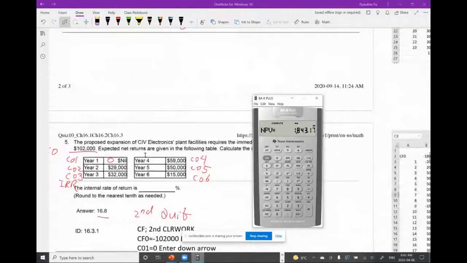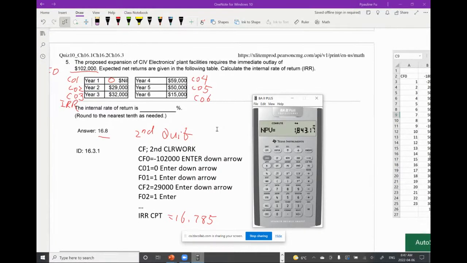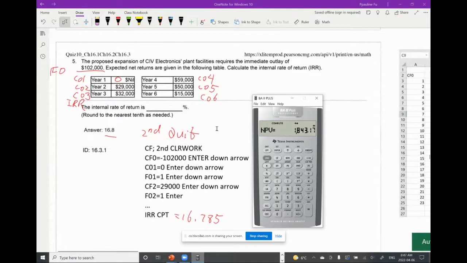All right, last question. This question might be on your quiz or might be on your final exam or on both. So pay attention to this question, okay? The proposed expansion of CIF Electronics requires the immediate outlay of 102,000.